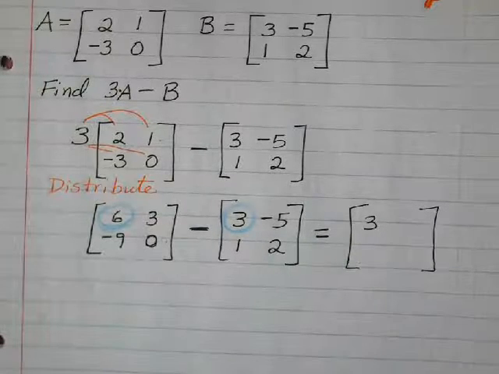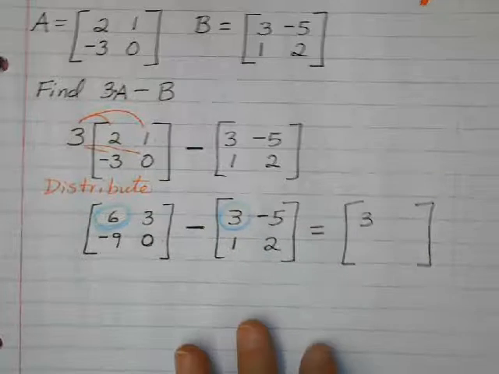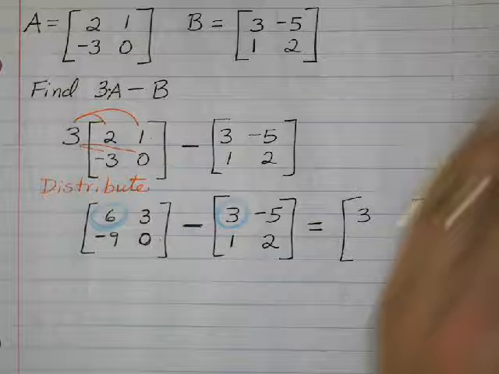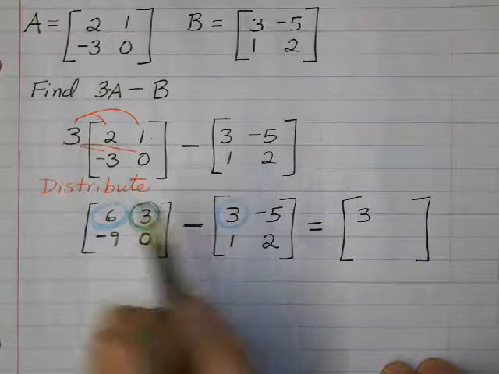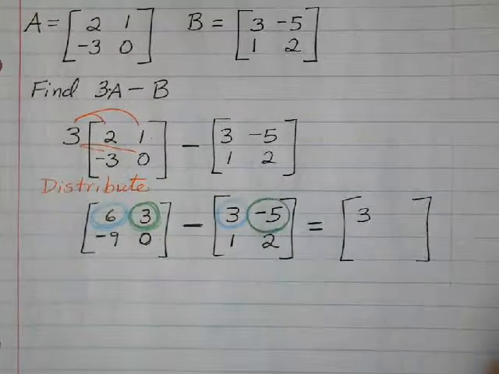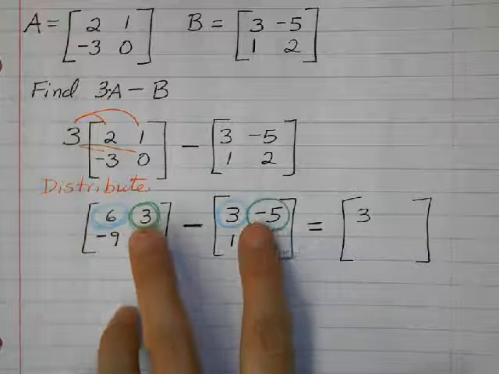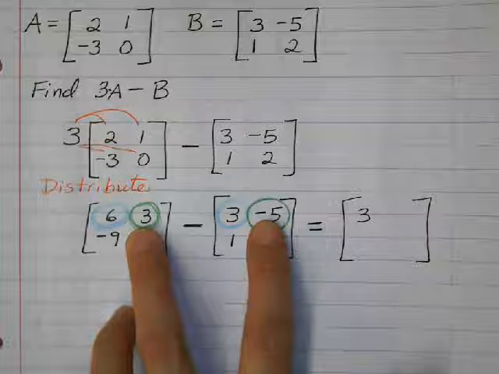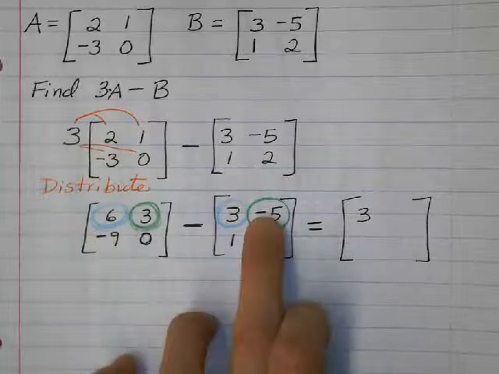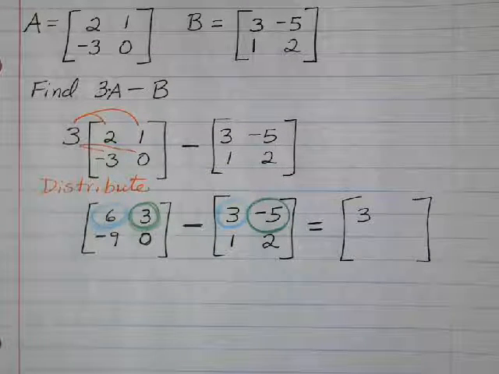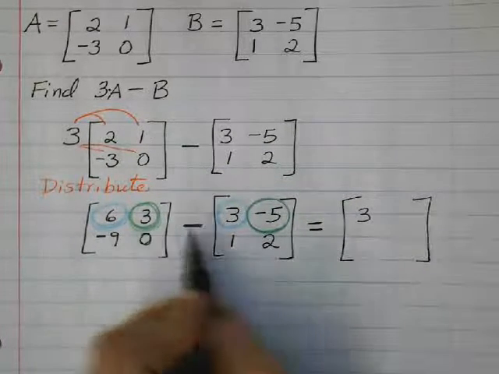And it's pretty easy so far. And here I'll use a different color, I'll put green around it. This one and this one go together, right? See, it's just knowing that you're doing the same locations, like the top corner. So 3 minus negative 5, that'd be like 3 plus 5. That'd be 8.